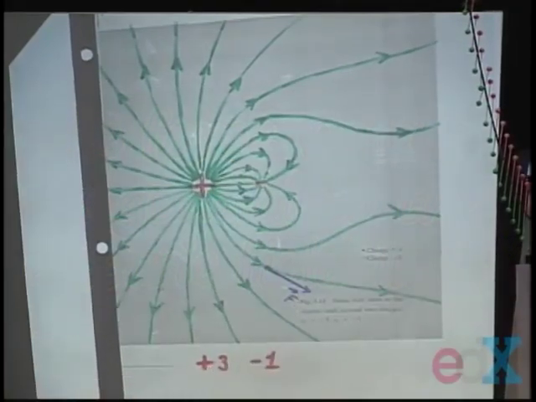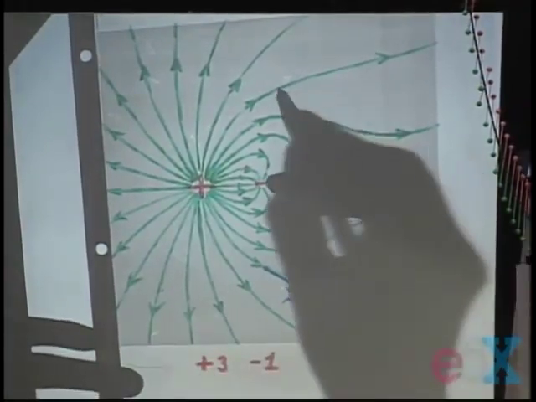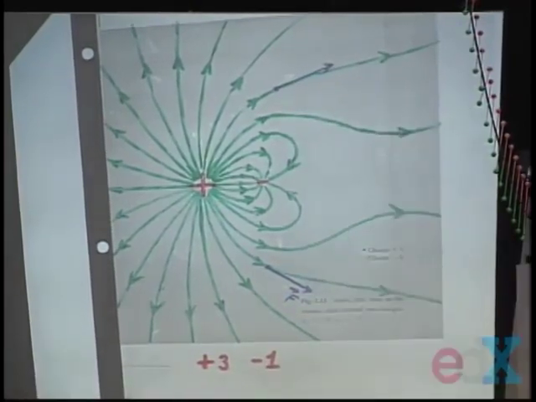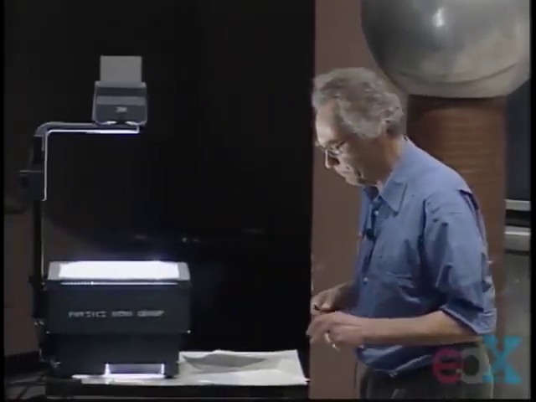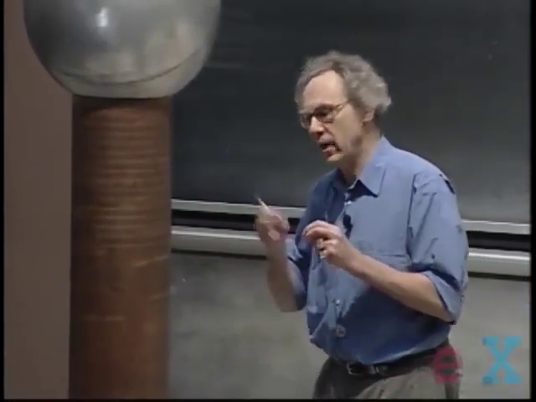That is the meaning of these lines. So if I'm here, the force will be in this direction. If I put a positive test charge here, the force will be in this direction. And of course, if it's a negative charge, the force flips over. So the meaning of the field lines is that they always tell you in which direction a charge experiences a force. A positive charge always in the direction of the arrows, tangentially to the field lines, and a negative charge in the opposite direction.